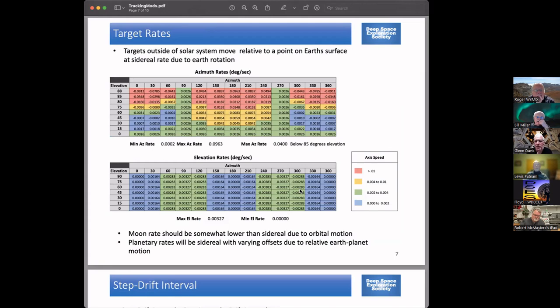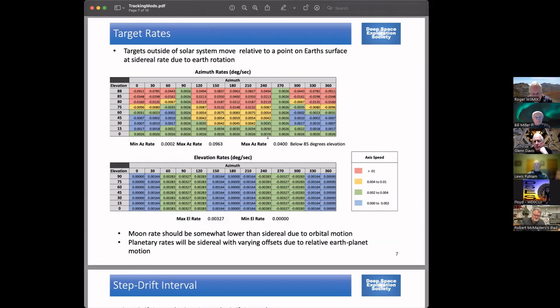Since we made the point that the target rates are, if not the key driver, well, there are two key drivers, the threshold and target rate, I wanted to show what kind of target rates we might encounter.